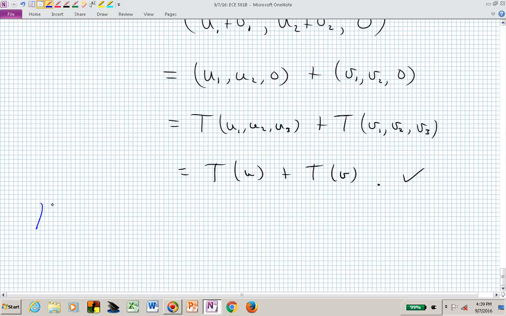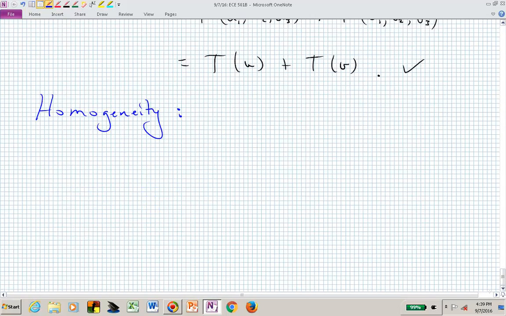The other property in the direct proof is to show that this projection operation satisfies the property of homogeneity.